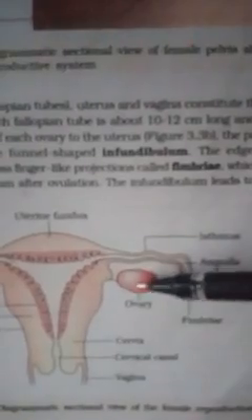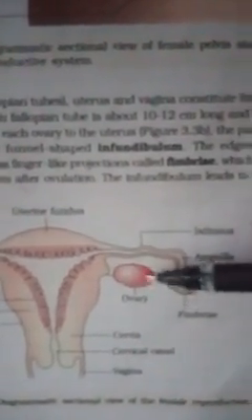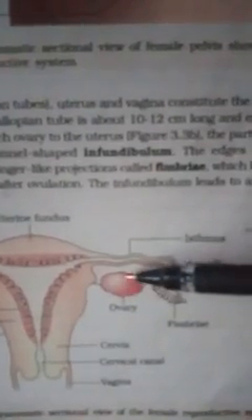This ovary has two regions: the middle region is called the medulla and the outer region is called the peripheral cortex, meaning inner medulla and peripheral cortex.